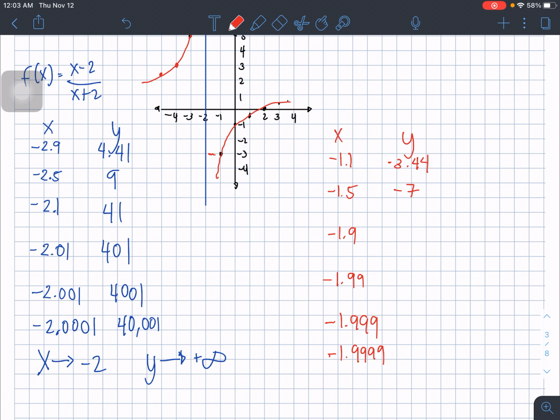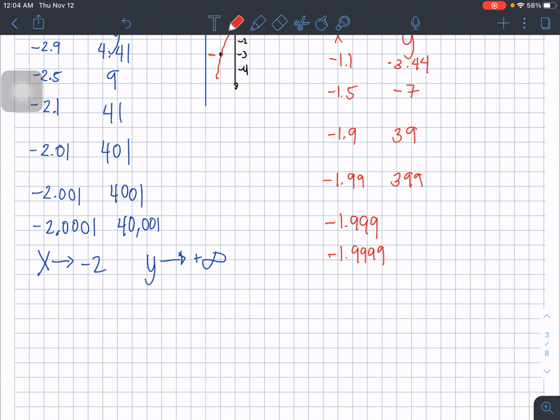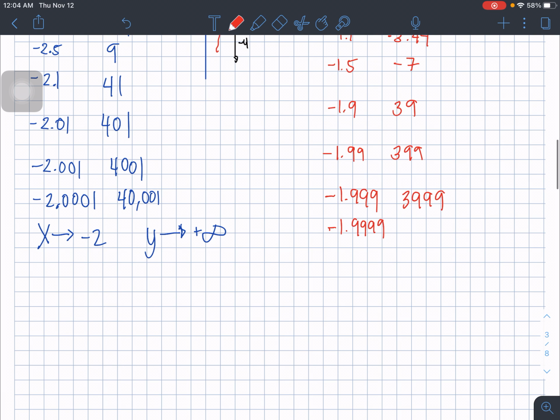If it is negative 1.9, this will be negative 39. If x is equal to negative 1.99, this will be negative 399. If x is negative 1.999, this will be negative 3,999, and if x is equal to negative 1.9999, this will be almost negative 40,000.